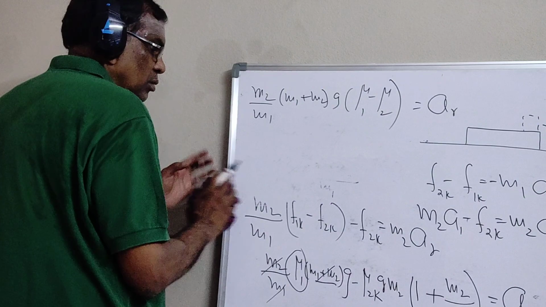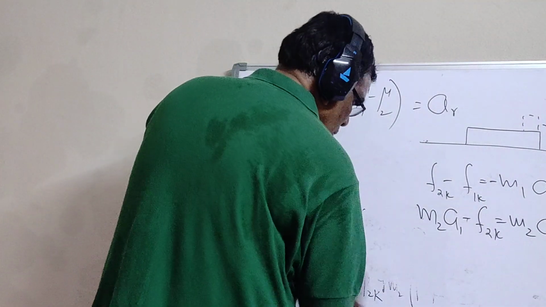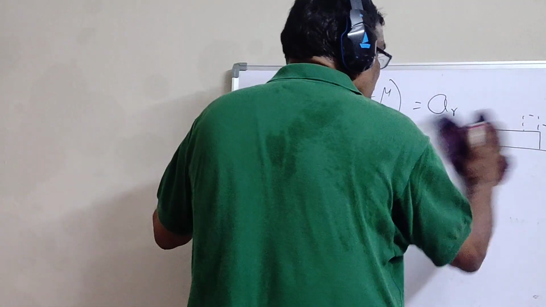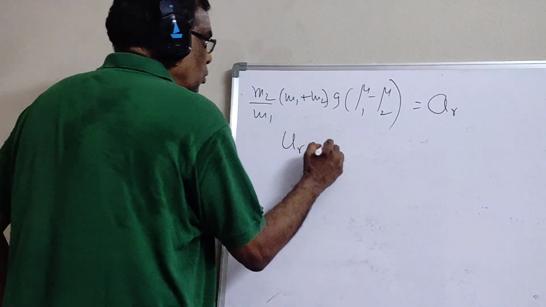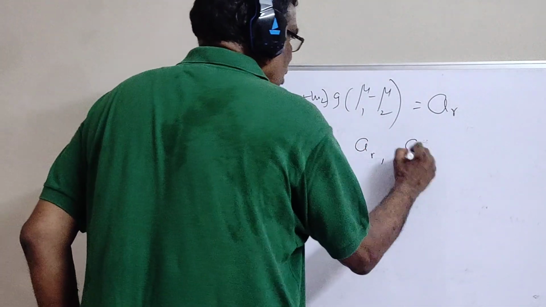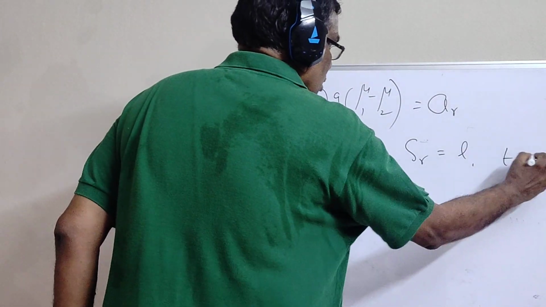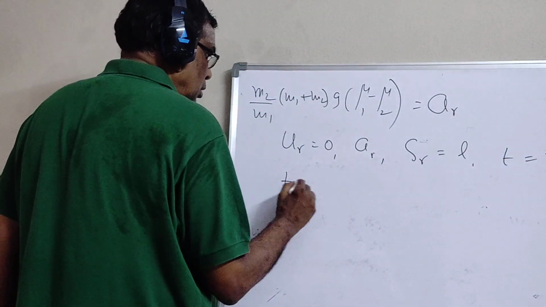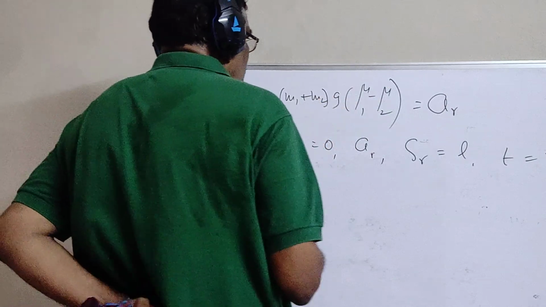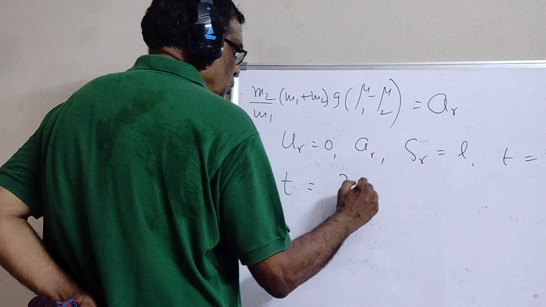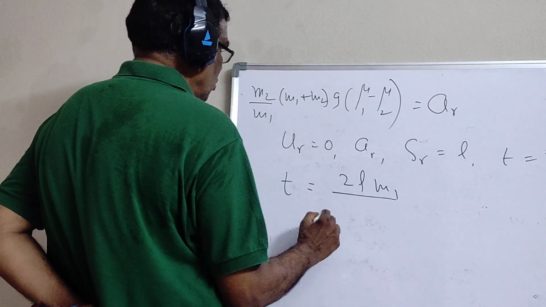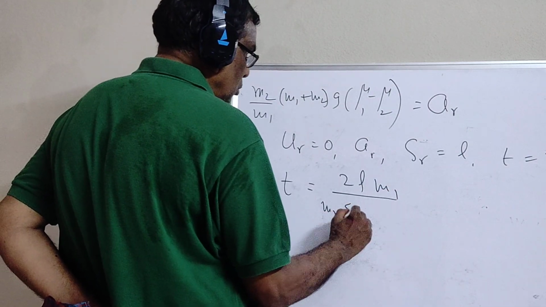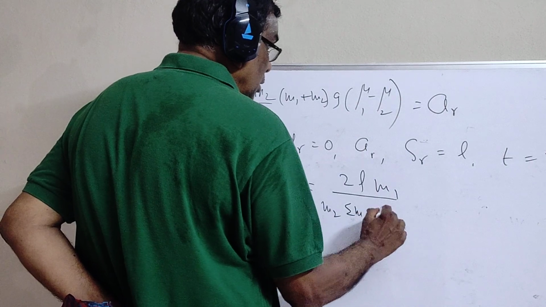So, how do you write that equation? U is 0, AR is known. So, T is equal to, what do you write? Under root of 2L by AR, M1 into sigma M G.